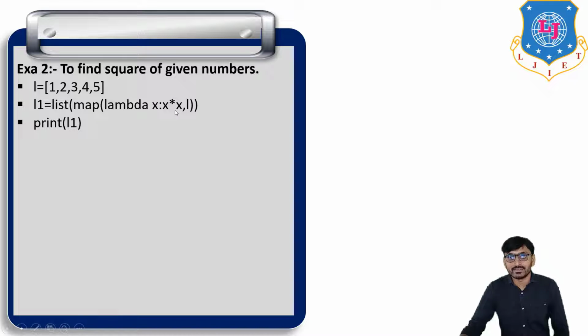This is the lambda function, and the sequence is L. So apply the lambda function on every element of L. Then we get L1, and then print L1. So we get the output 1, 4, 9, 16, and 25. This is the square of every element of L. Now the same problem we run in PyCharm.